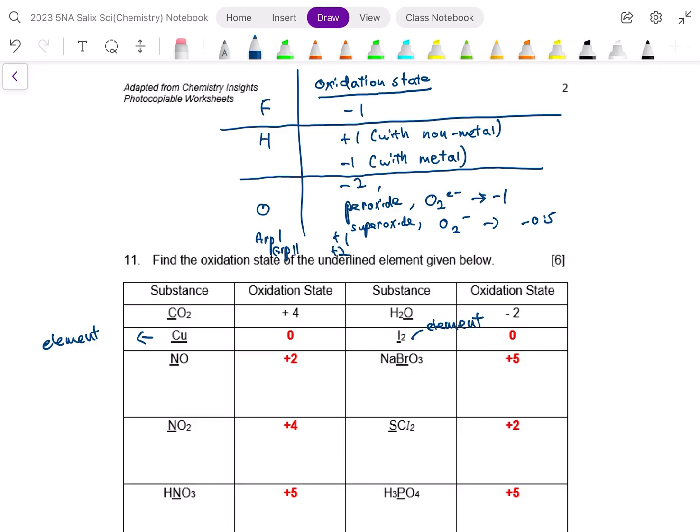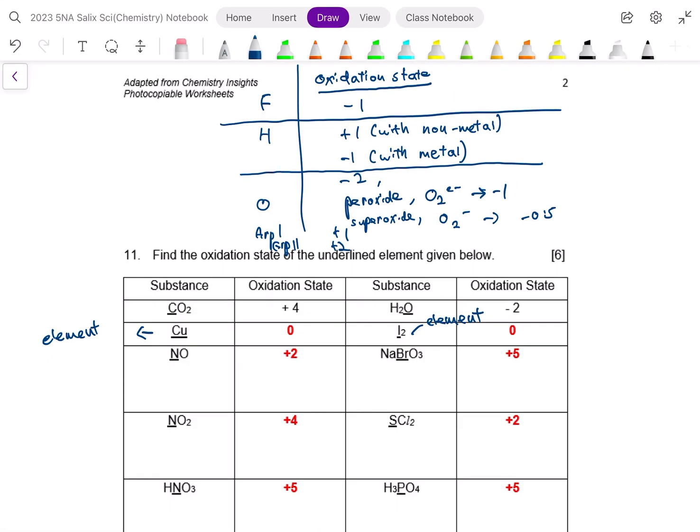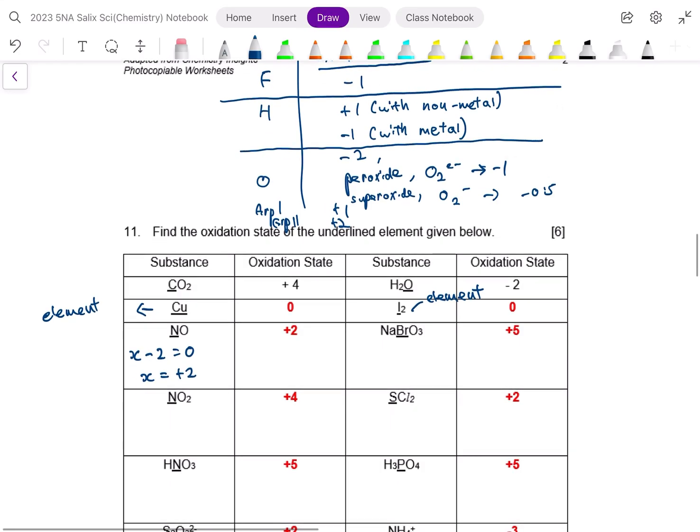Oxygen most of the time is -2. So in this case, I let the oxidation state of N be X, then oxygen is -2, so X equals +2. This case is still quite straightforward.